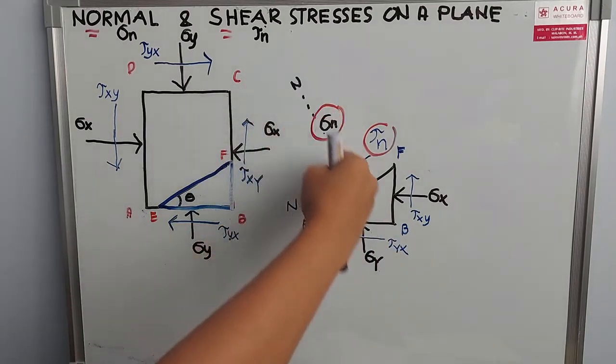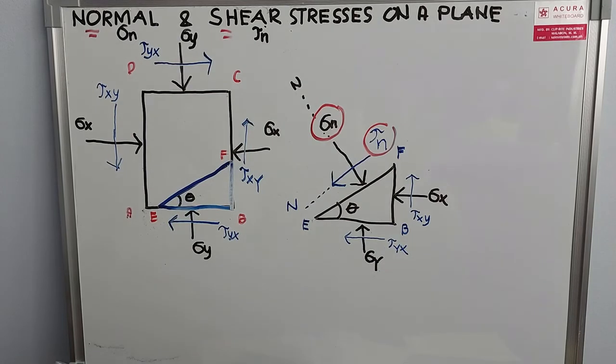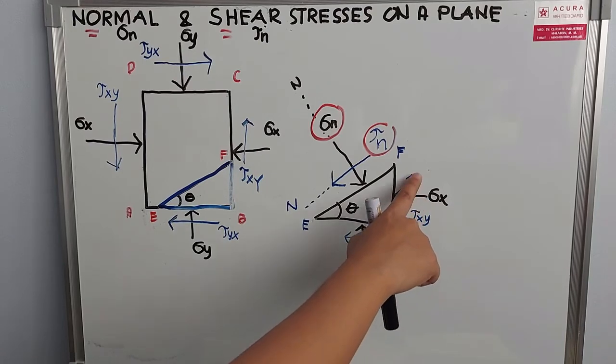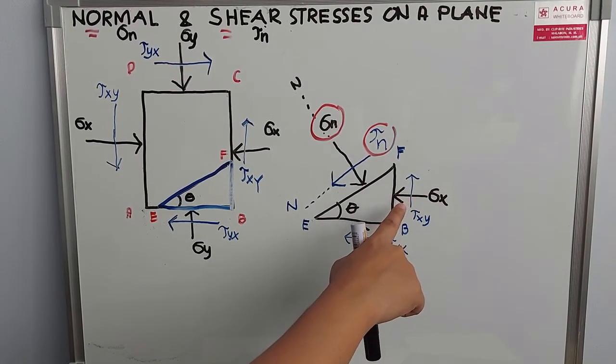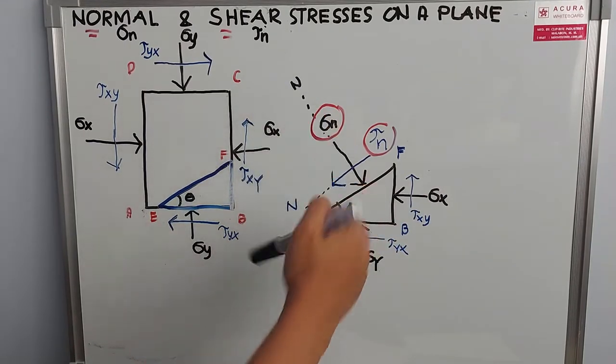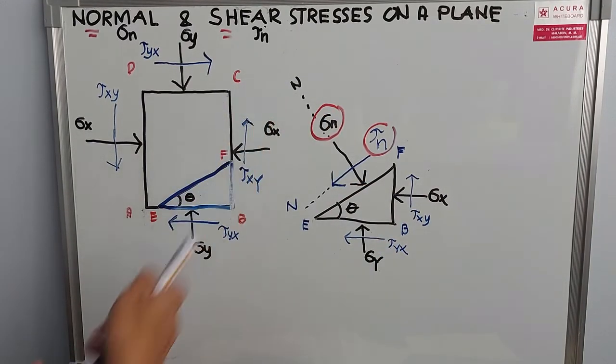So if we get the summation of forces along the n direction, we have to get the components. Normal stress along x and the shear stresses will have their own components. And then if you get the components of each force, you can now get the summation of forces along n.